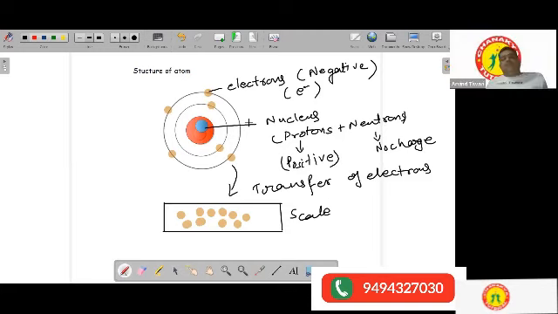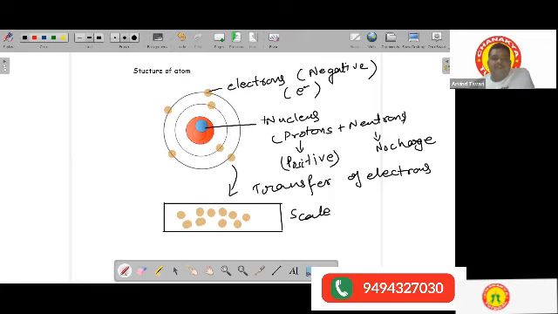The electrons in the outermost shell are called valence electrons, whereas the electrons in the inner orbitals are called inner electrons.